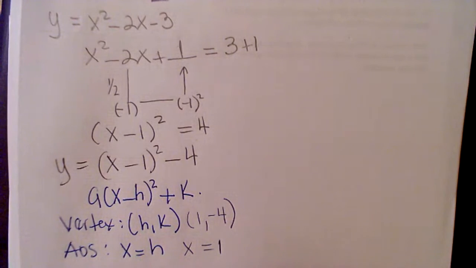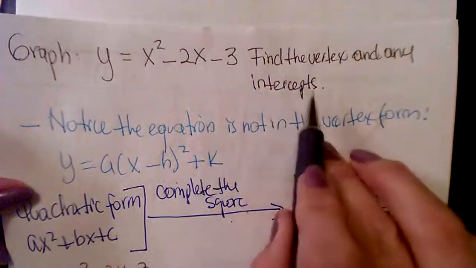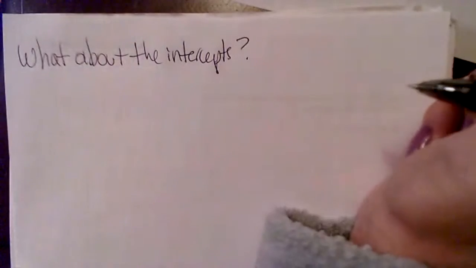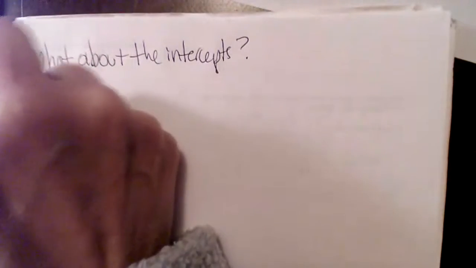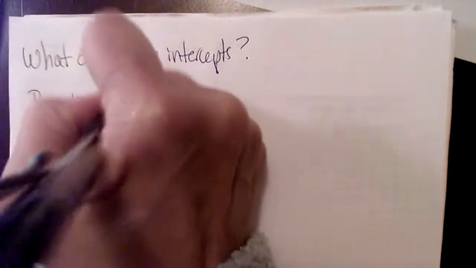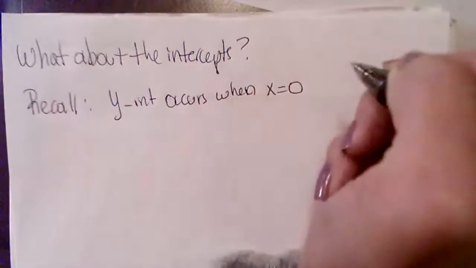Now, what about the intercepts? Because he was asking us to find the vertex and any intercepts. Okay, let's see. What about the intercepts? So, you guys remember, the y-intercept occurs when x is equal to 0.